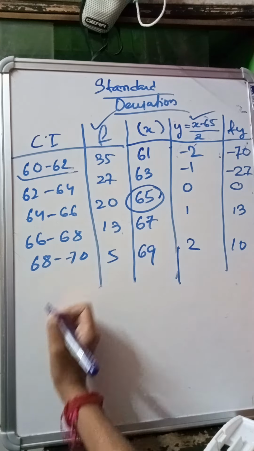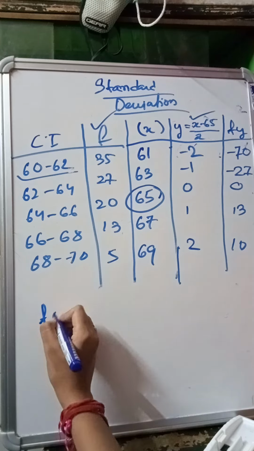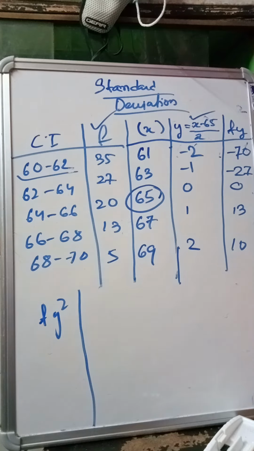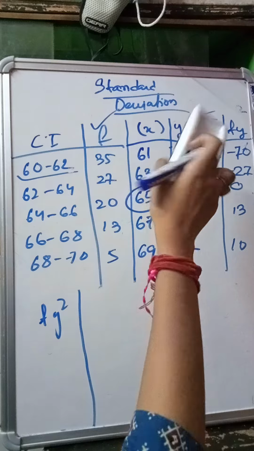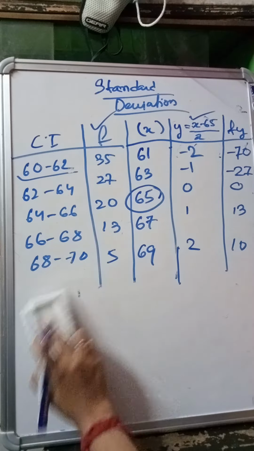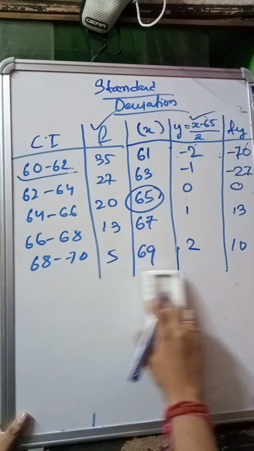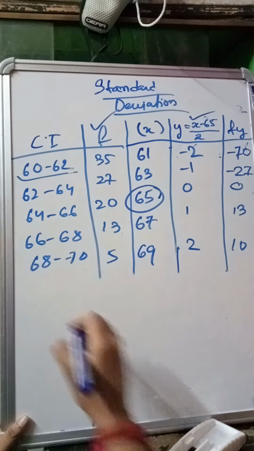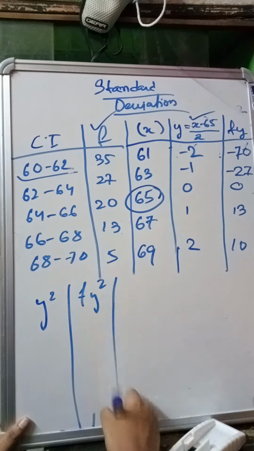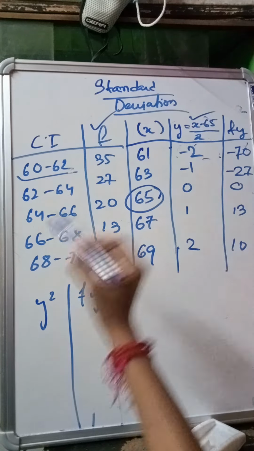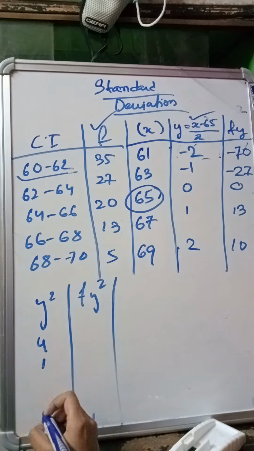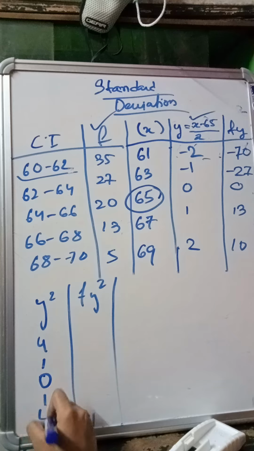Right, we need one more column, that is f y square. I'm writing it here because I do not have much space over there. I haven't calculated y square, so we have to do two more columns: y square and f y square. So y square will be 4 for this one, for the next one 1, then 0, then 1, then 4.